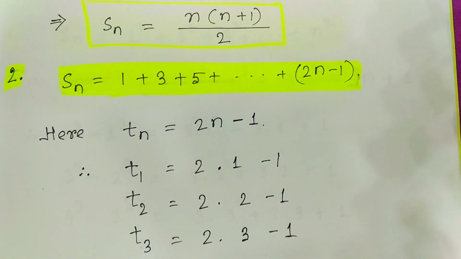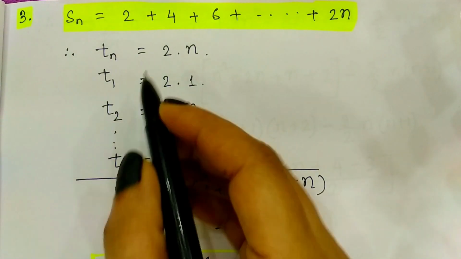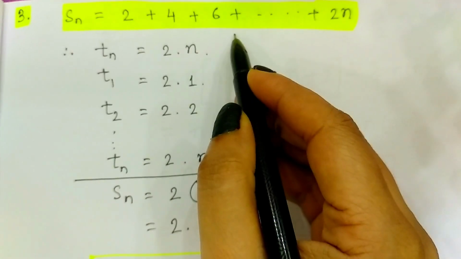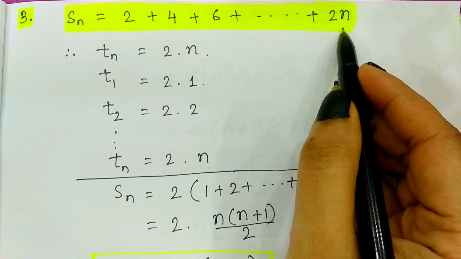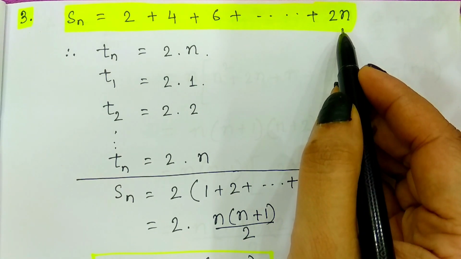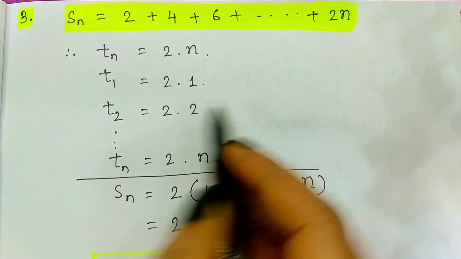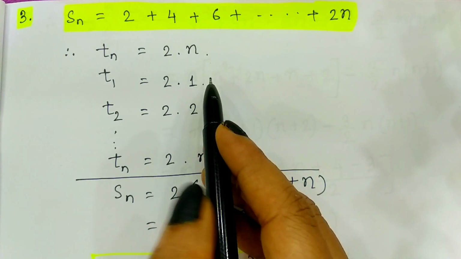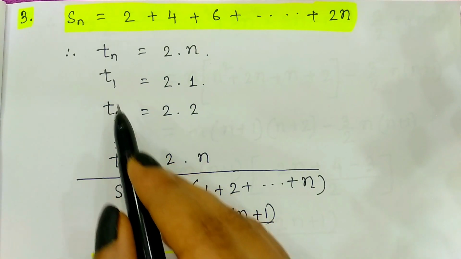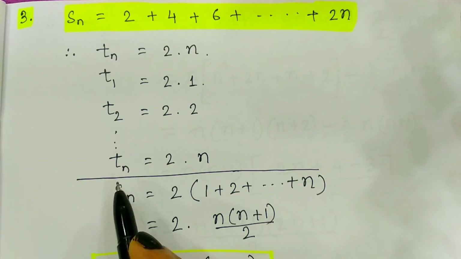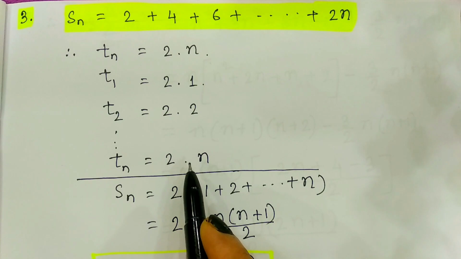Now the next one is 2 plus 4 plus 6, in this way up to 2n, and its summation is our requirement. So here the nth term is 2n. Similarly, if we substitute n equal to 1, 2, 3, in this way up to n, we will find it accordingly. It is 2 into 1, 2 into 2, in this way up to 2 into n.